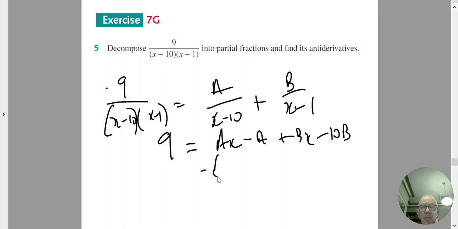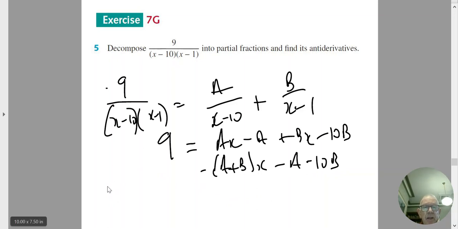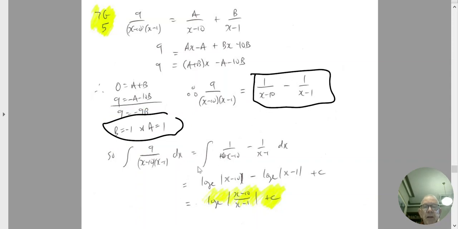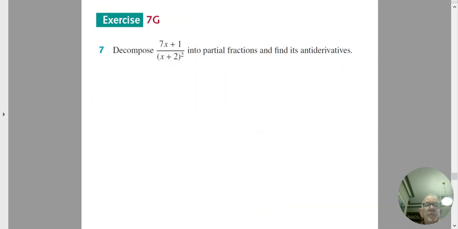So I've got (a plus b)x minus a minus 10b, which gives me two equations. Since there's no x's over here, a plus b equals 0, and minus a minus 10b equals 9. And then that looks like this. I can solve for b and a. I can write it as 2 separate fractions. Then I can integrate them separately, which gives me logarithms.